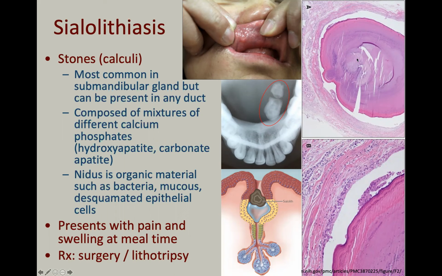Different calcium phosphates and salts organize around a central nidus, such as bacteria or mucus or even epithelial cells, creating this stone, creating, of course, a blockage with mucin collection. Generally the gland swells at mealtime. Here's a radiographic example of what a stone might look like as opaque.